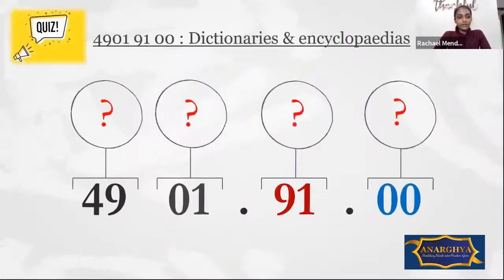Having understood how to read the HSN and SAC, here is an 8-digit HSN code for dictionaries and encyclopedias. I would like for you all to just identify the digits of this HSN. What do these digits signify?